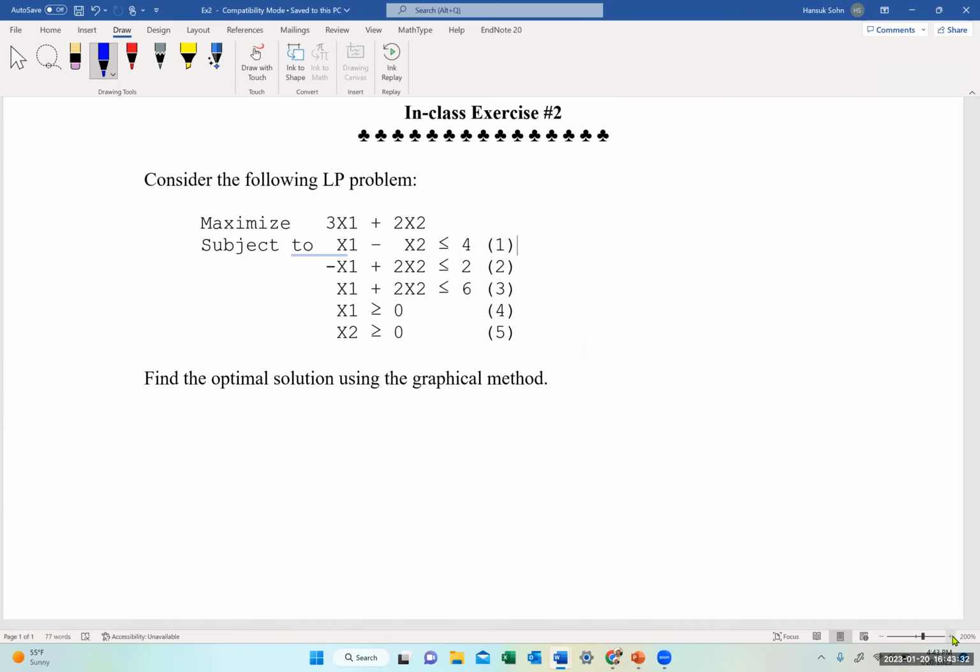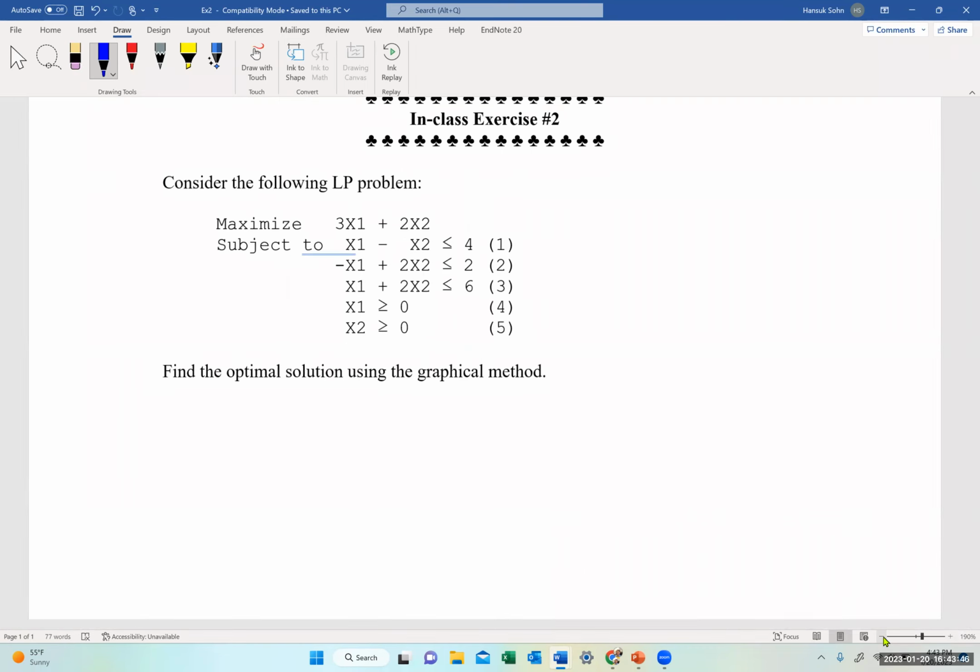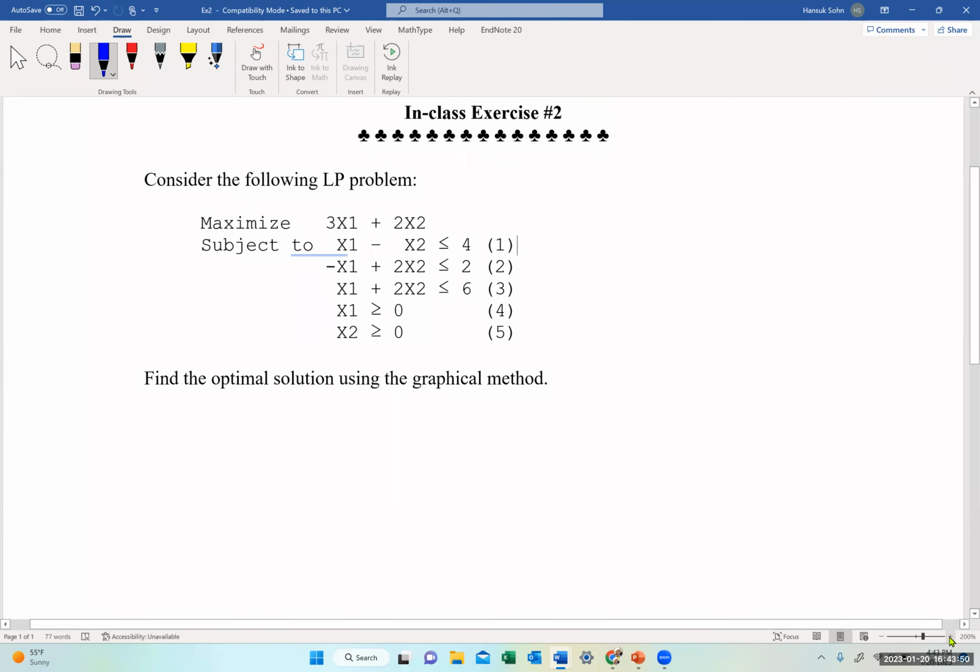So the very first step is to identify the feasible region. Let me try to write here. We can rewrite each constraint.